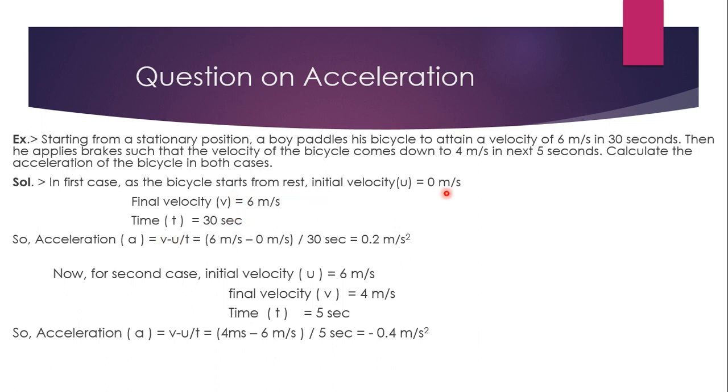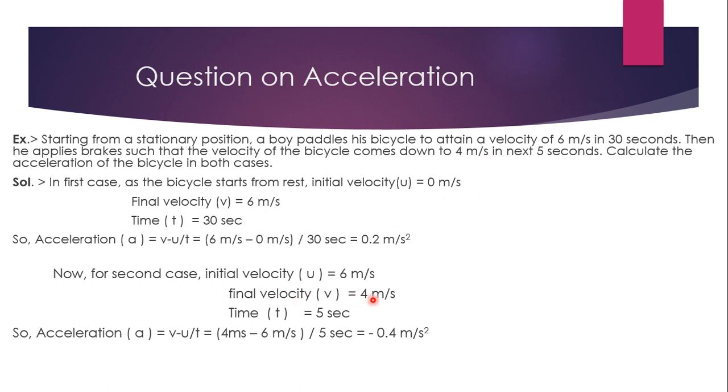In second case, where the boy applies brakes on his bicycle, the velocity starts decreasing. So when he applies the brake, at that point of time the velocity was 6 meter per second. So initial velocity is 6 meter per second, and after he applies the brake, the velocity decreases to 4 meter per second.